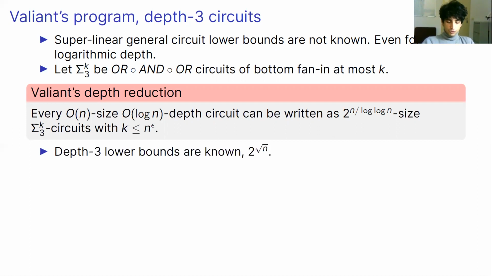So it means that if we have a truly exponential lower bound for depth-3 circuits, we get superlinear lower bounds for log depth. But the depth-3 lower bounds that we do know are only of the form 2 to the square root of n. So this is from the switching lemma and so on.